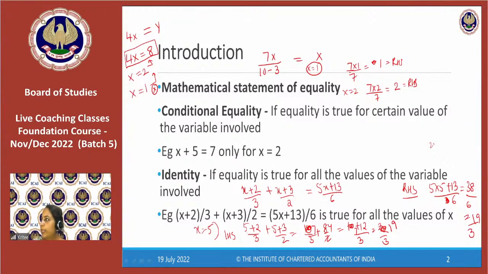Okay, I'll just quickly take up your queries that you are writing. Ankit, conditional equality and identity equality is mentioned in the very beginning of the first or the second paragraph of the study material.